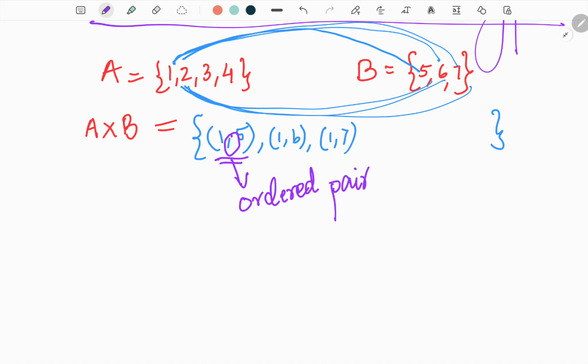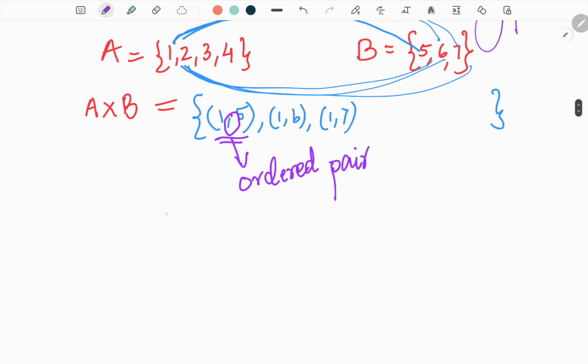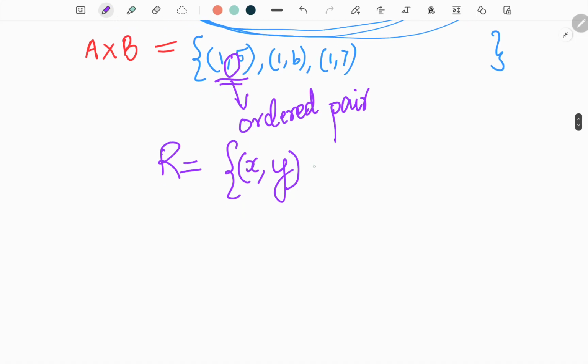Now, relation means we are imposing a particular condition. For example, if I'm writing a relation R and I am writing that the elements of the relation must be of the type (x, y), that means you're saying that it is an ordered pair.